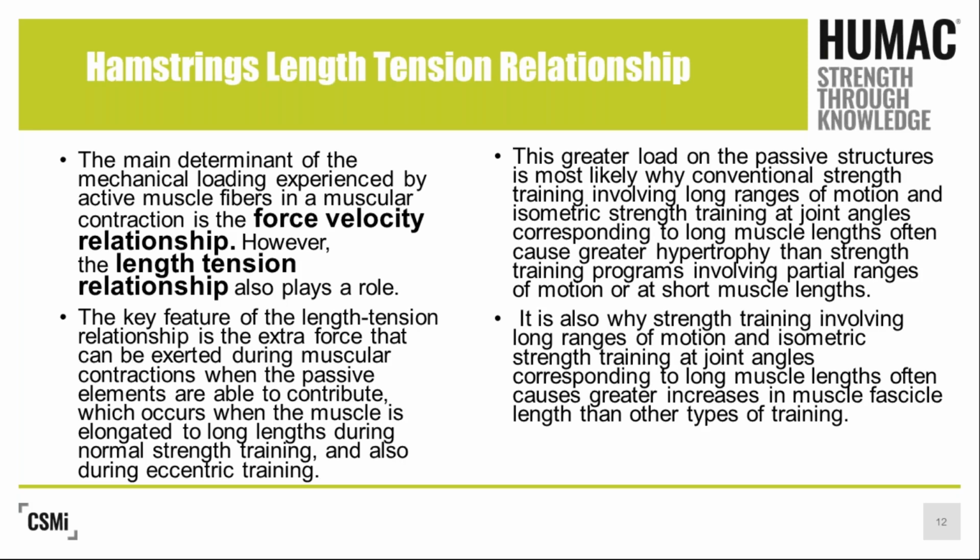So, you know, go back to the quadricep again. Are you in a shortened length at terminal extension or when you're at 60 degrees in the range of motion? And it's also why strength training involving long ranges of motion and isometric strength training at joint angles corresponding to long muscle lengths often cause greater muscle fiber length than other types of training.